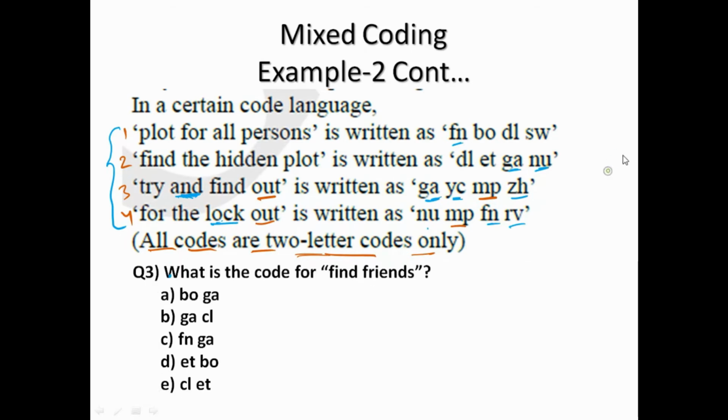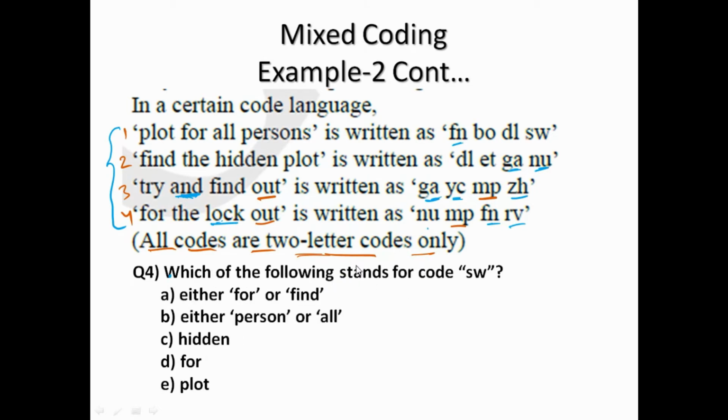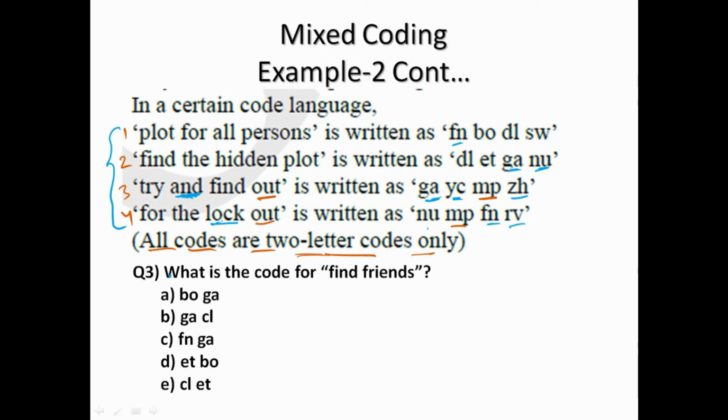See the next question. What is the code for "find friend"? Both "find" and "friend" are available in a single statement. "Find" is in the third statement, and it is a common word, common in the second and third statements.